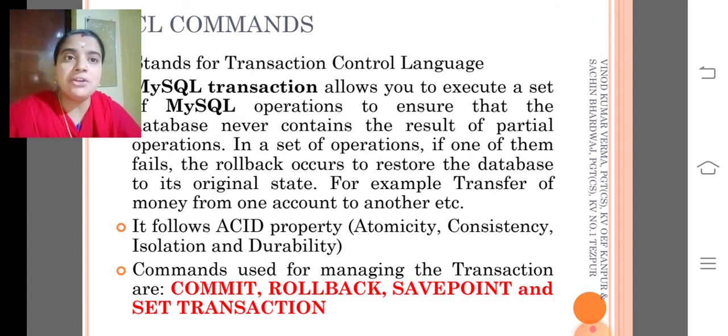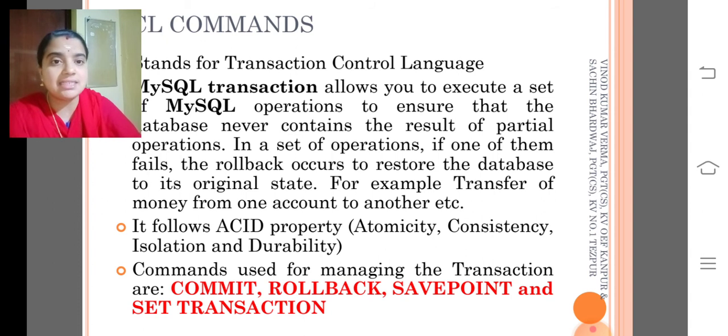The transaction control language has 4 properties, called ACID properties: atomicity, consistency, isolation and durability. It has major commands like commit and rollback.